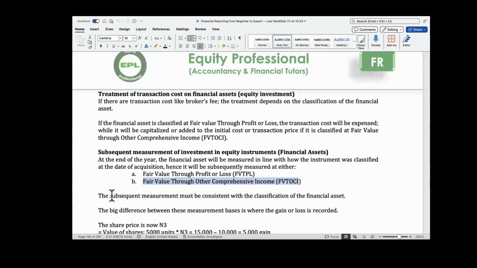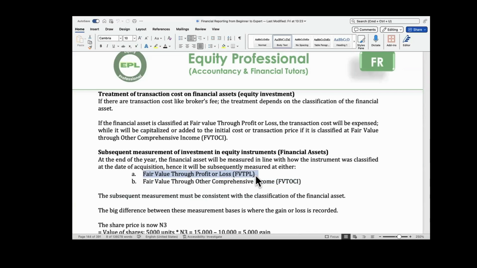The subsequent measurement must be consistent with the classification. If you classified it at fair value through POL when you bought that investment, we expect that you measure it at the end of the year at fair value through POL. And if you classified it at fair value through OCI, we expect that you measure it at fair value through OCI.